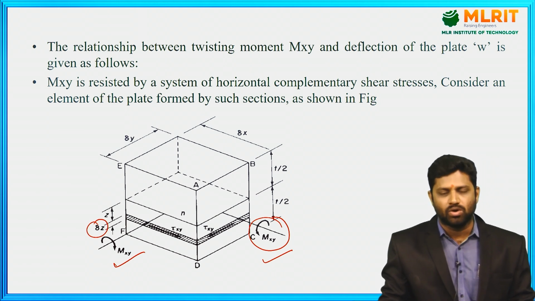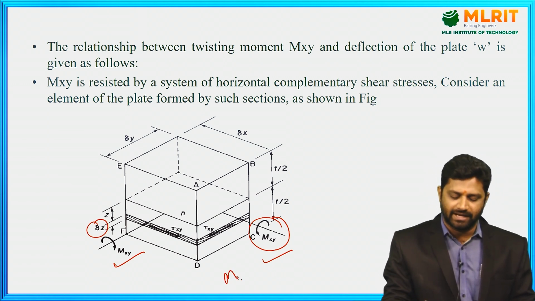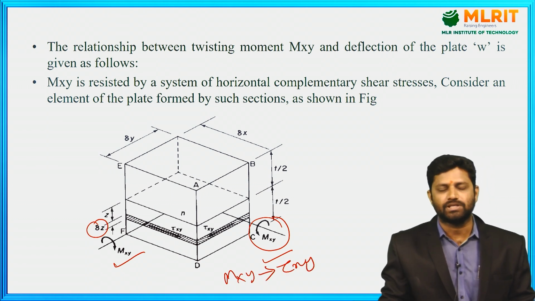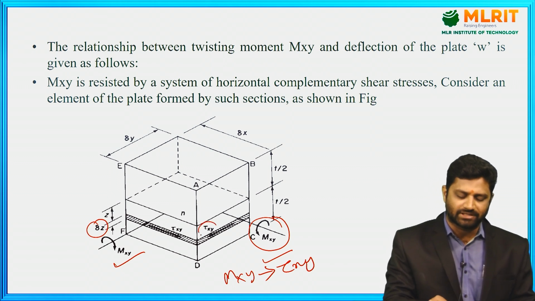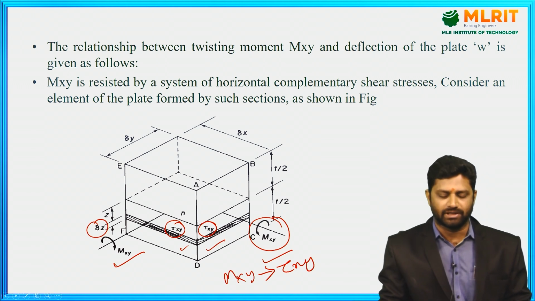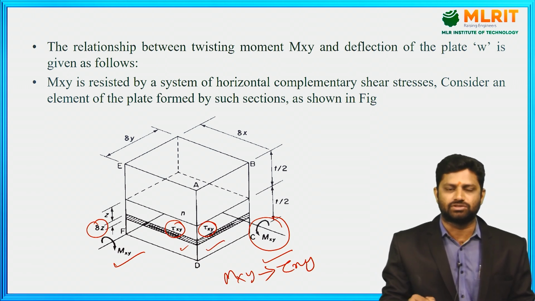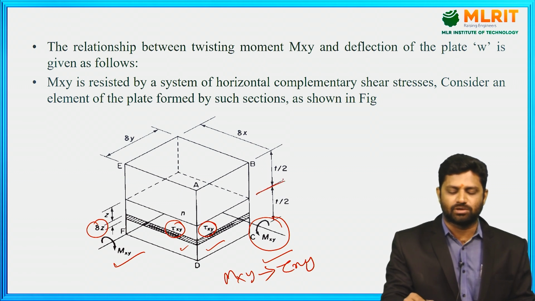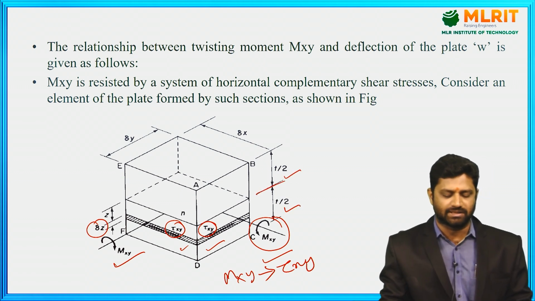We know that the twisting moments mxy induce shear stresses in the plate. Let tau xy be the shear stresses, equal and opposite on these two edges, and the thickness is t. Since we consider the neutral plane, above it the thickness is t by 2 and below it is also t by 2.